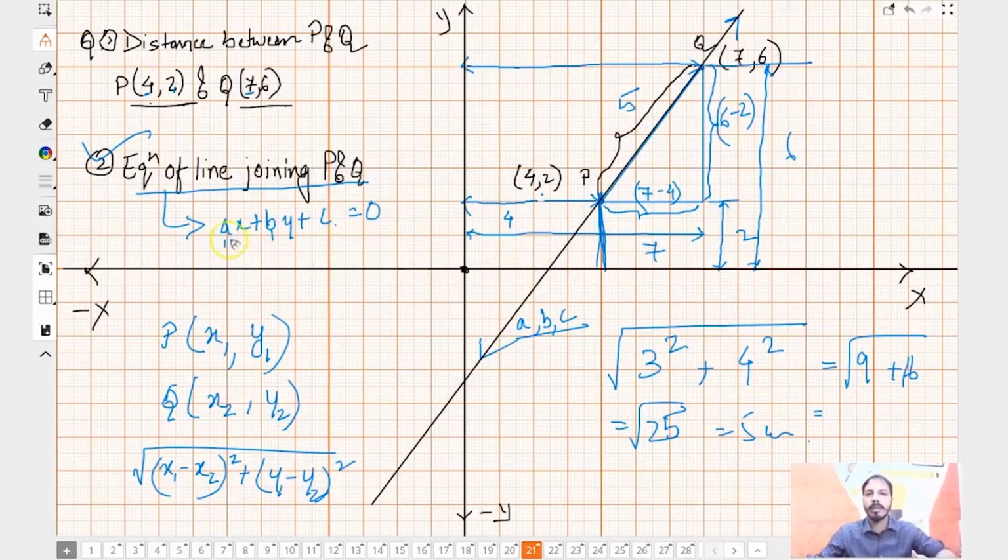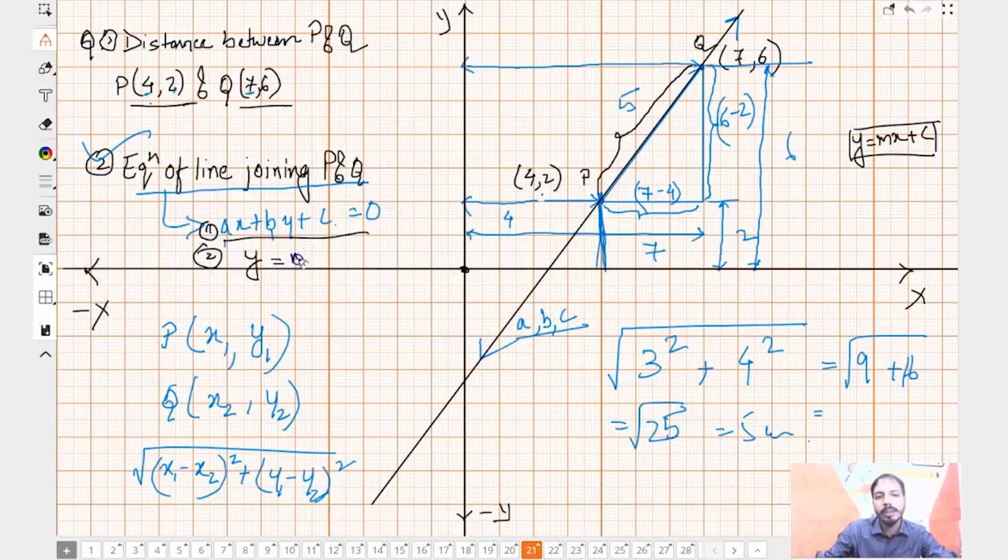So in this we can easily use the slope form. Slope form means nothing but y is equal to mx plus c. This is one standard form of straight line, and the other one is y is equal to mx plus c. This is also a standard form, right?